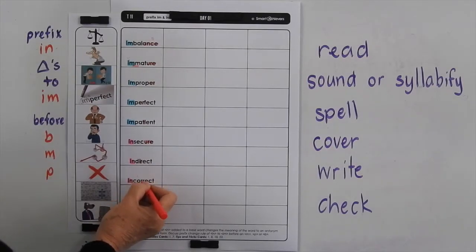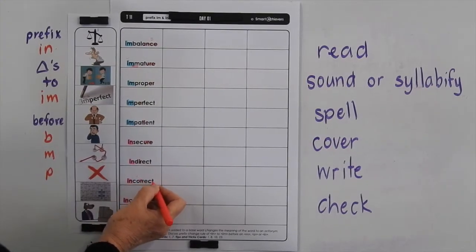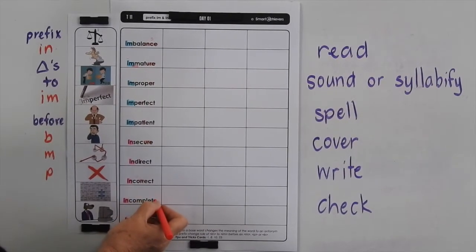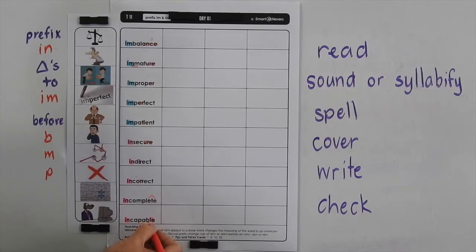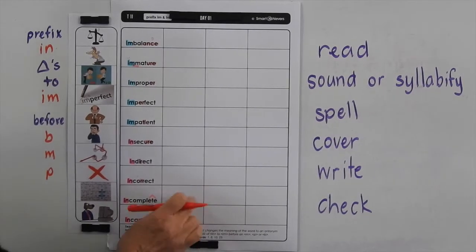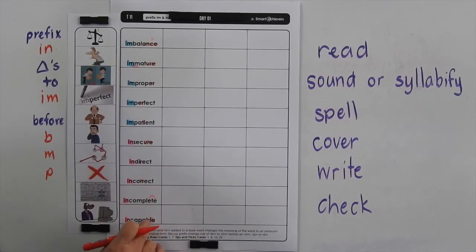Incorrect, you've got a short vowel, so you're doubling that R, X at the end. Incomplete, you've got the E making the previous E make its long sound. And incapable, because you've got a stop consonant here, you know you always add LE after a stop consonant. A stop consonant means as soon as you say a b, d, g, t, it stops, and that's when we know to add LE.